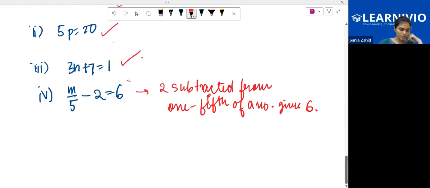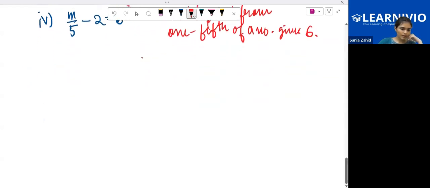Now let's move ahead. We have an example. This is a word problem.